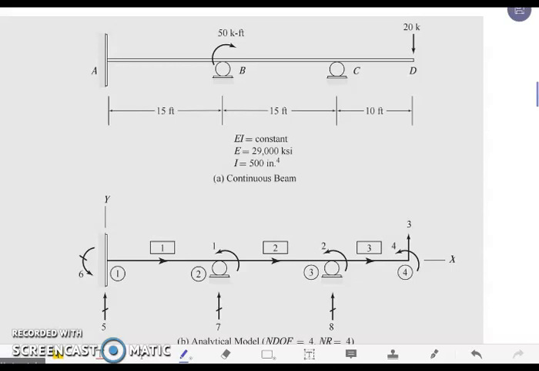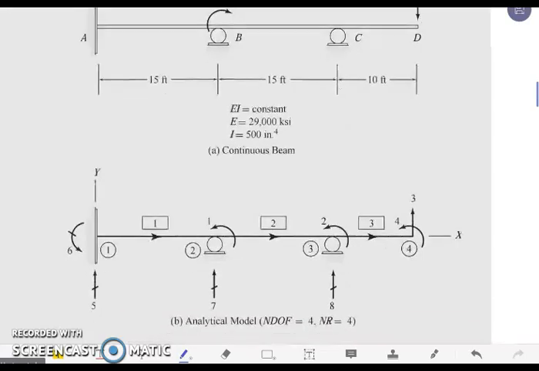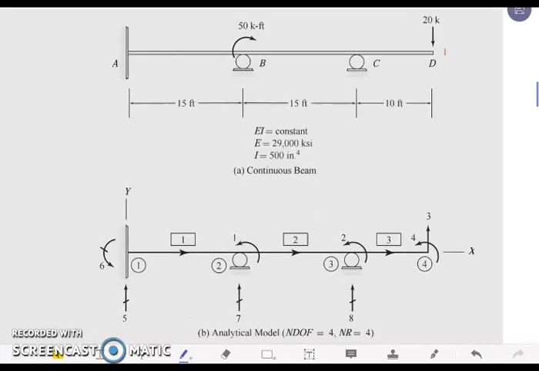For now, we have to identify our joint load vectors. Note that the joint load vector for this whole beam is P equal to P sub 1, P sub 2, P sub 3, and P sub 4.